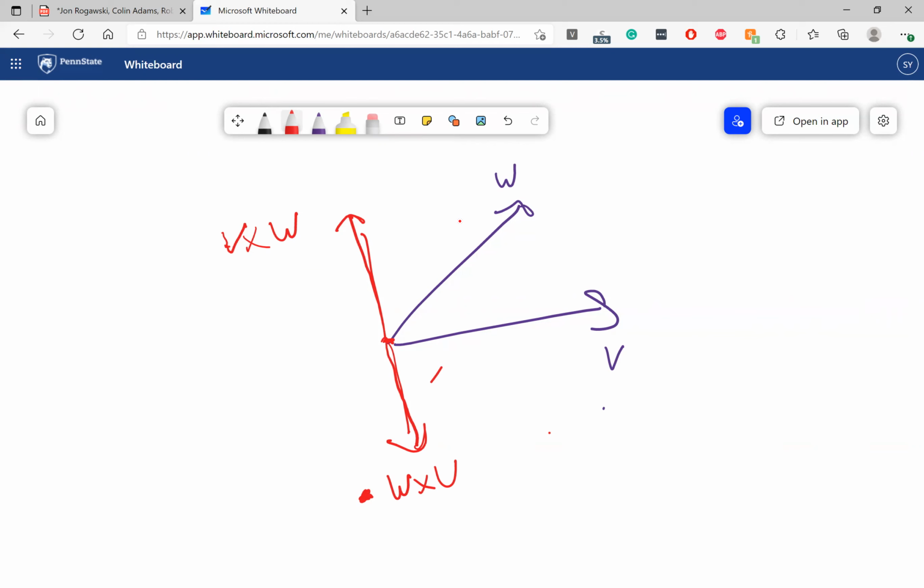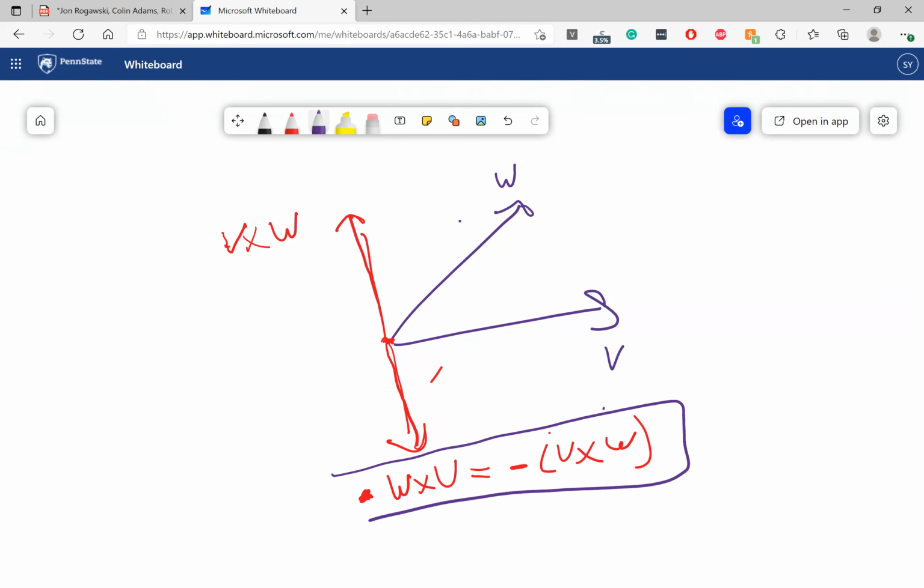But I also know, if I look at these two vectors, that there is some relationship between them. This vector is the negative of the V cross W vector, because that's what happens when you take the negative of the vector. The vector flips. And so now we have this relationship: W cross V is equal to the negative of V cross W.